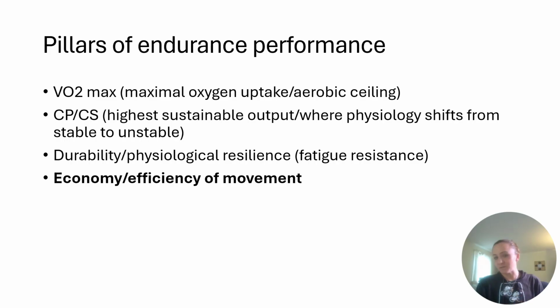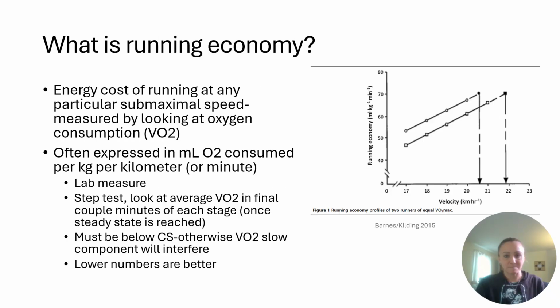We have our durability, our physiological resilience, which is our fatigue resistance, our ability to maintain VO2 max and critical speed over time. And then we also have economy, or the efficiency of movement. Bike economy is a thing, but we're going to talk about run economy here because there tends to be more variability in that.